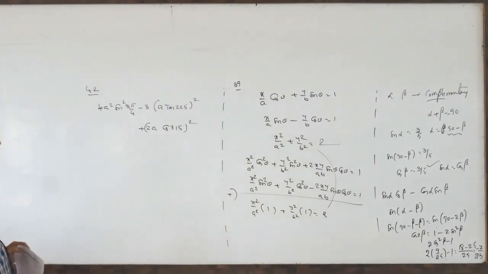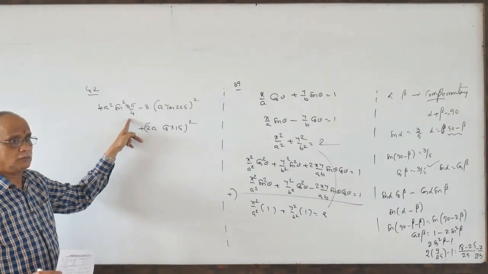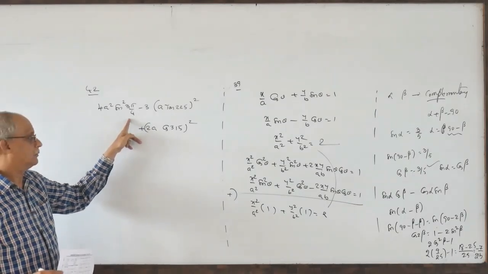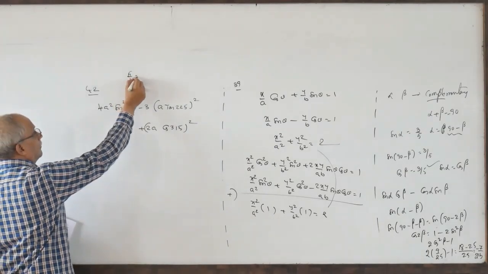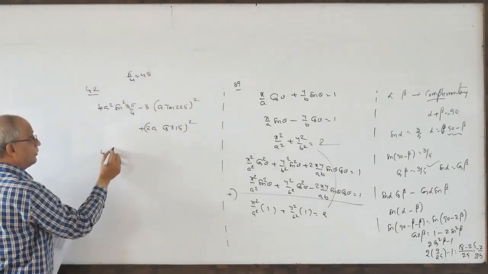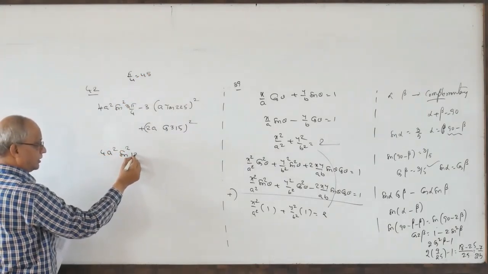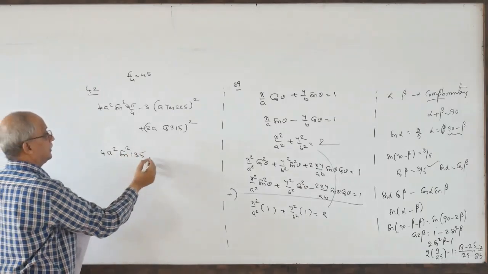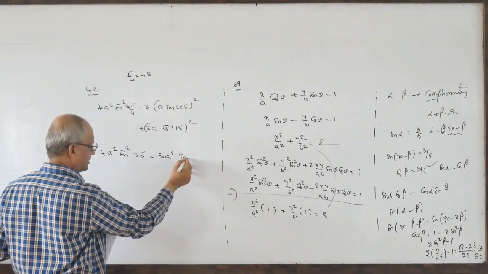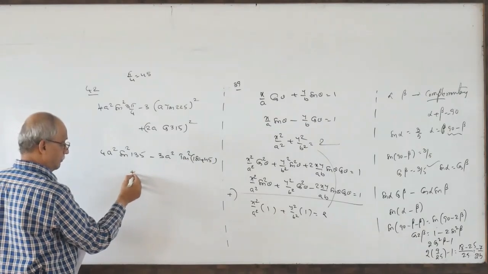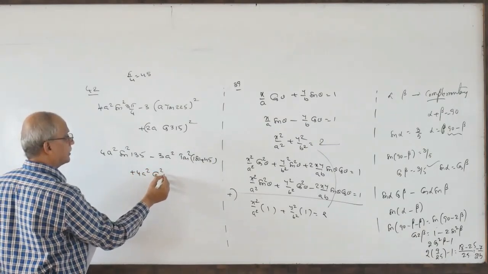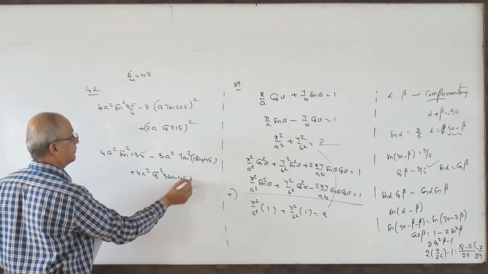Suddenly we are getting one waste problem in between. 3 pi by 4 is 135, because pi by 4 is 45. So 4a square sin square 135, minus 3a square tan square (180 plus 45), plus 4a square cos square (360 minus 45).